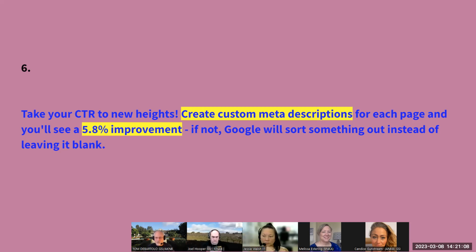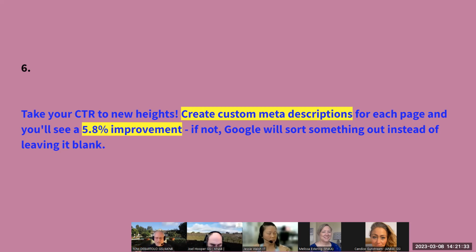We use the Yoast SEO, and we have to do our own custom meta description. But this is something that we know naturally that other people that don't belong to PBS don't know. So that's why this is out there for people to know. Number 6, customize your own meta descriptions.